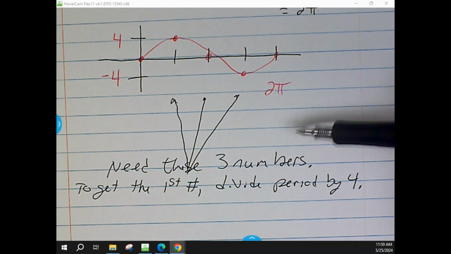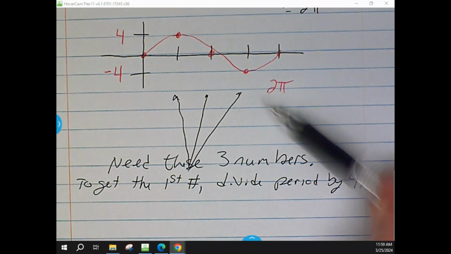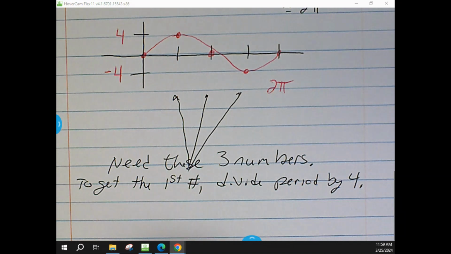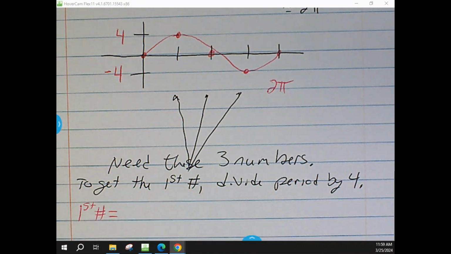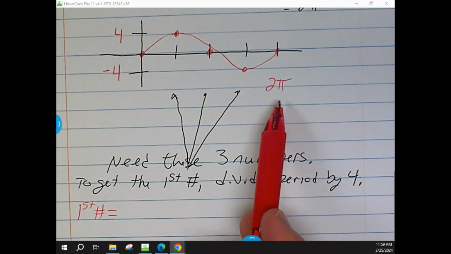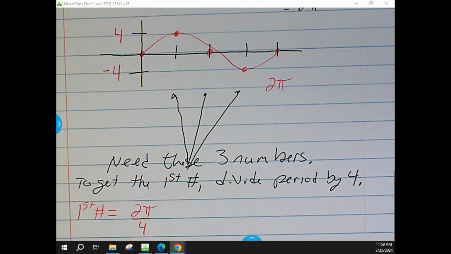So whatever answer we get here for the period, which is 2 pi over b, we're going to take that number and divide it by 4. So in this case, the first number is going to be the period, which is 2 pi, divided by 4.